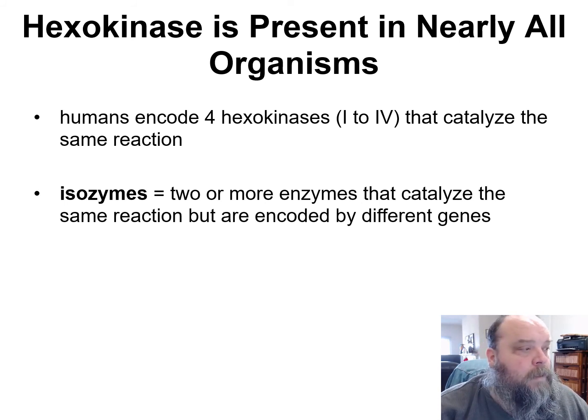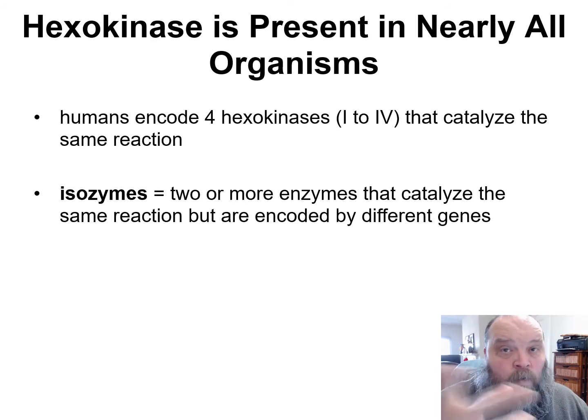So if you're one of those early ancestral organisms that only had hexokinase 1 and you are a multicellular organism, and for some reason in your organs you were exposed to something that's going to inhibit or interfere with what we would now think of as hexokinase 1 activity, and you had no other versions, you're screwed. Those organisms that had 2 isozymes, they may have been exposed to the same thing, so hexokinase 1 was interfered with, but hey, hexokinase 2 is still there and can still do the job. They survived.